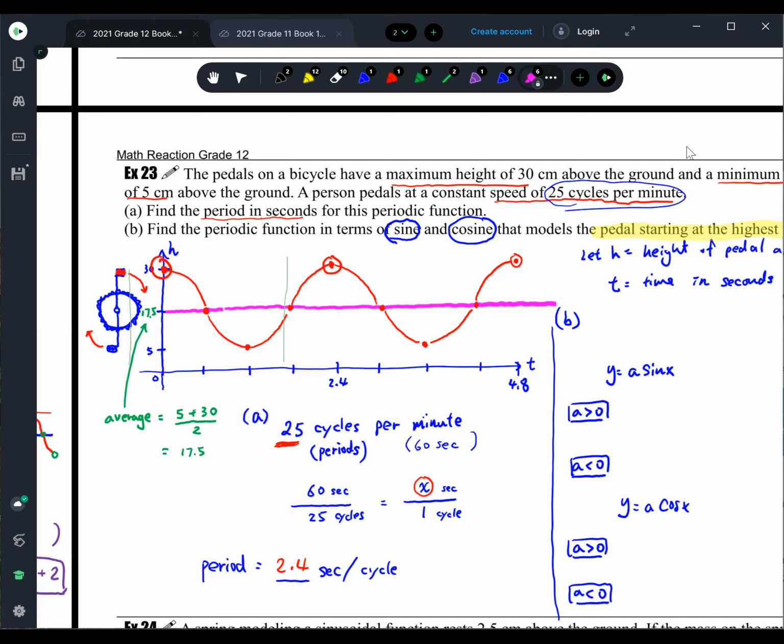We want to get as close as possible because that's what the answer key usually will be. Everyone please pay attention: for sine without reflection, the y-axis should be on the left side.